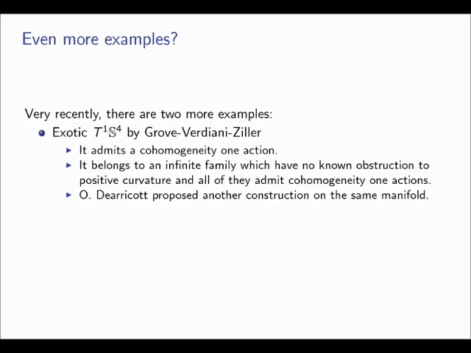This one is one example in an infinite family of manifolds. For this family, we don't know any obstruction to positively curved metrics, and all of them have a cohomogeneity 1 action. So this is the first example.